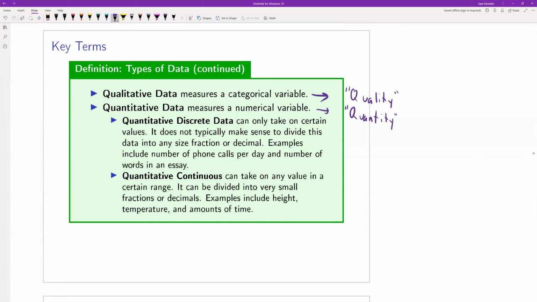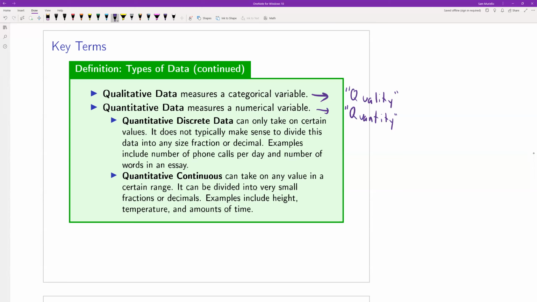And when we're dealing with a number, we can further break it down into two additional categories, discrete and continuous. And the difference here is how small are we allowed to break up this data? For discrete data, there's a certain limit to what kinds of numbers it can take on. For example, if I was saying, I would like to count the number of phone calls that I make in a given day.